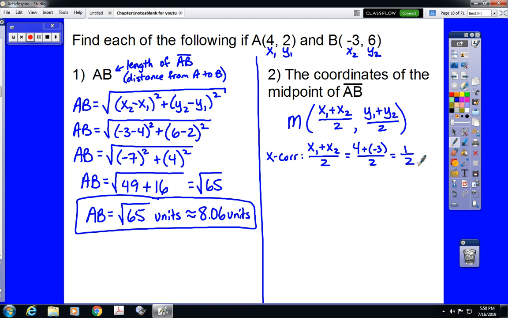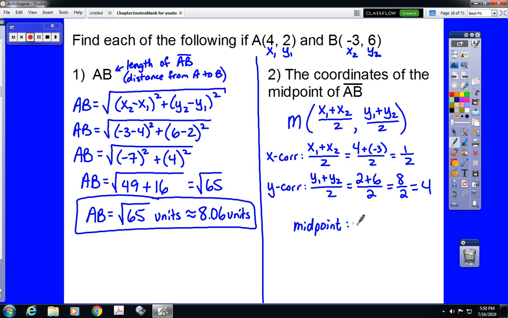It's a coincidence that we got the same x-coordinate as the last problem. And the y-coordinate would be y1 plus y2 divided by 2, or 2 plus 6 divided by 2, which is 8 divided by 2, or 4. So we have an x-coordinate and a y-coordinate. That makes a point. Our midpoint is located at 1/2, 4.